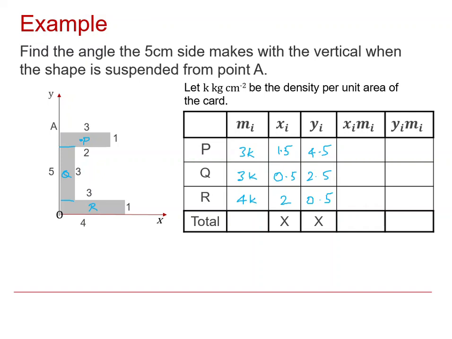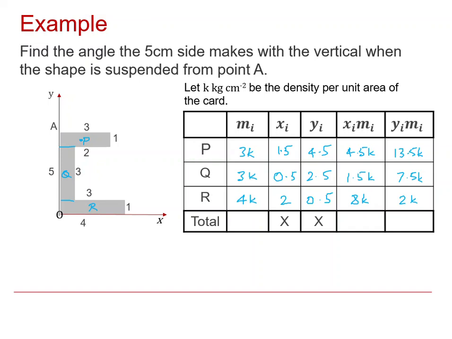So doing the usual calculations, 3 times 1.5 gives us 4.5k. 3 times 4.5 gives us 13.5k. 3 times 0.5 is 1.5k. 3 times 2.5 is 7.5k. And 4 times 0.5 is 2k. 4 times 2 is 8k, and 4 times 0.5 is 2k.